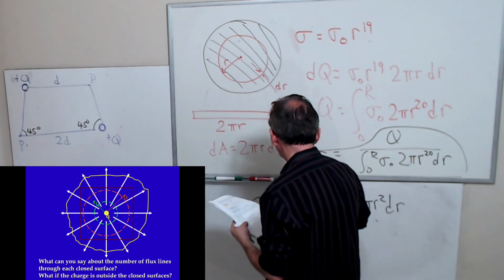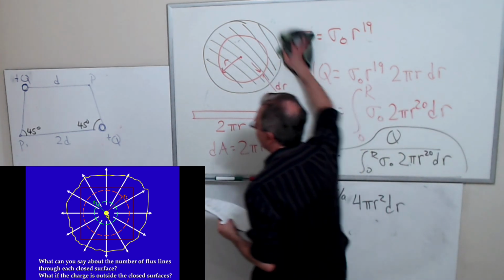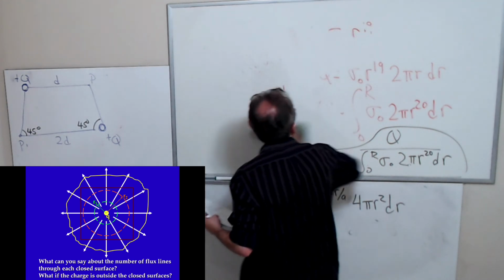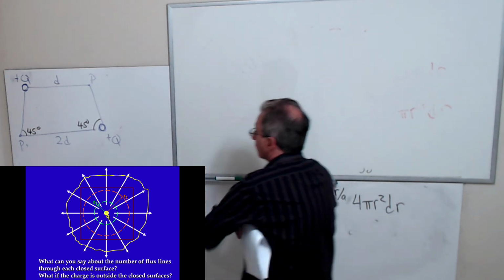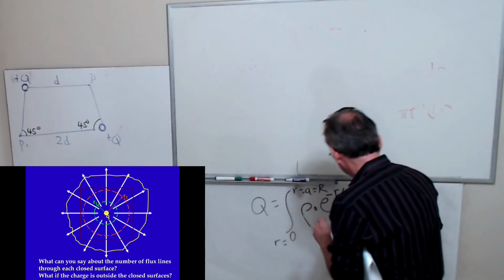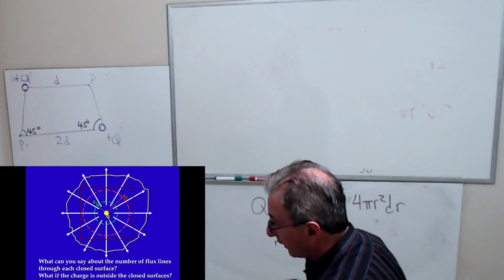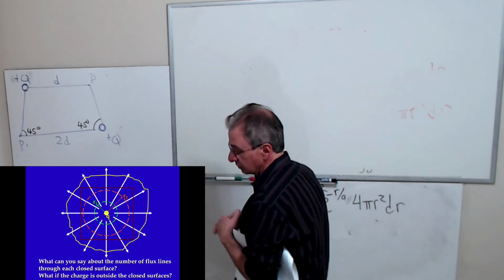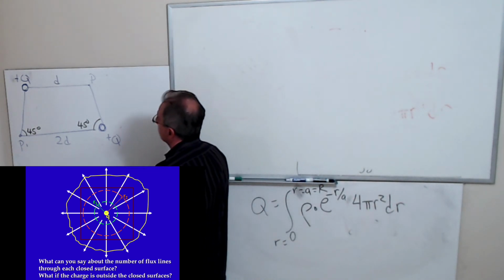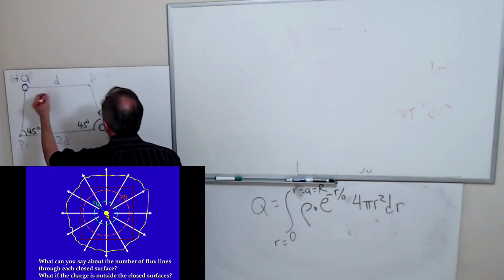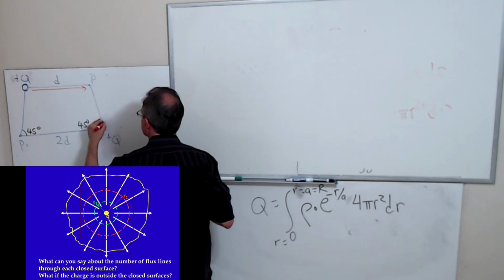Okay, so the field due to Q, right? At this point points this way, and the field due to this guy points this way.